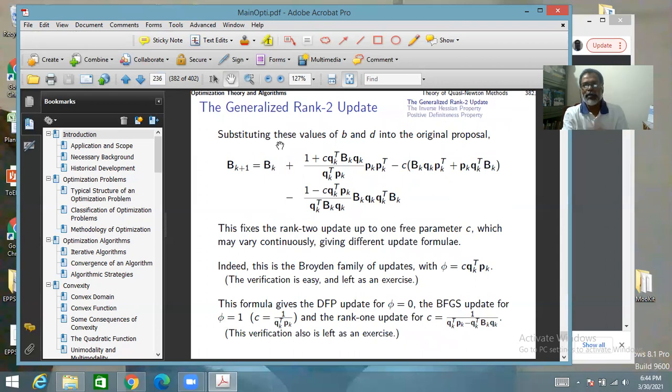So we will choose it when we want. Right now, let us continue with that. Putting these values of B and D in terms of C in the original matrix, we get this. Basically, we have put B in terms of C and D in terms of C. And this is the original C as it is.